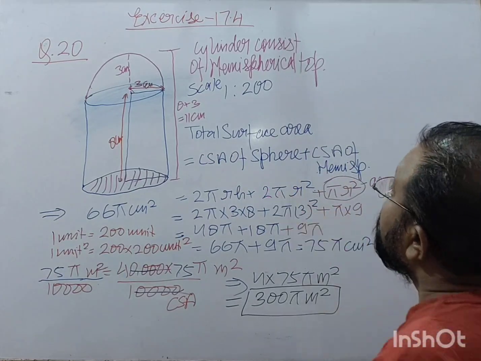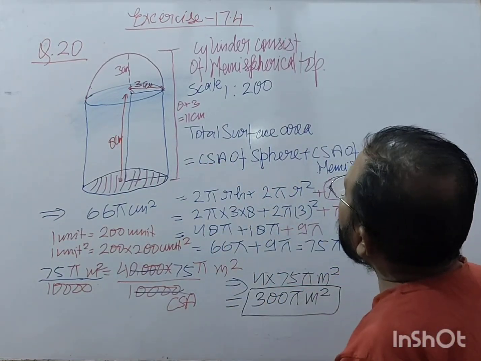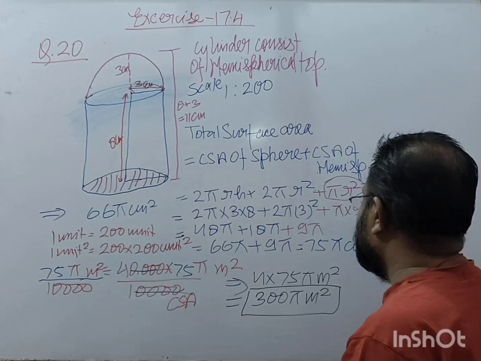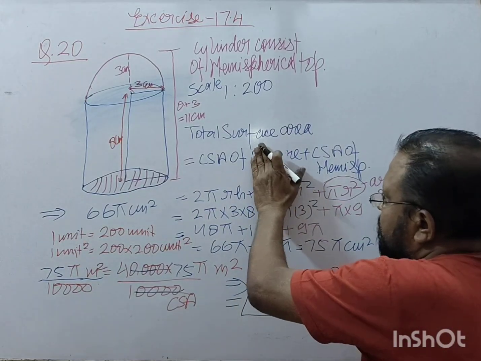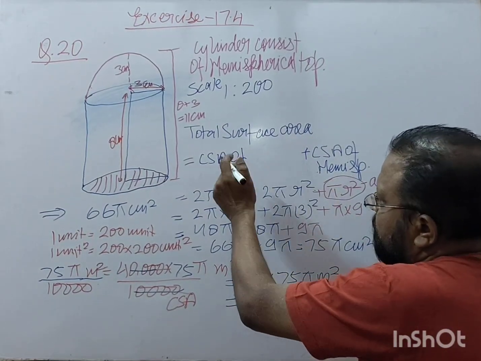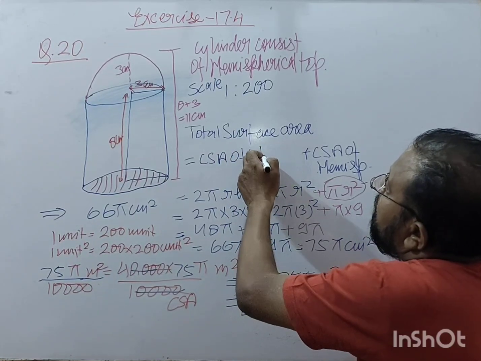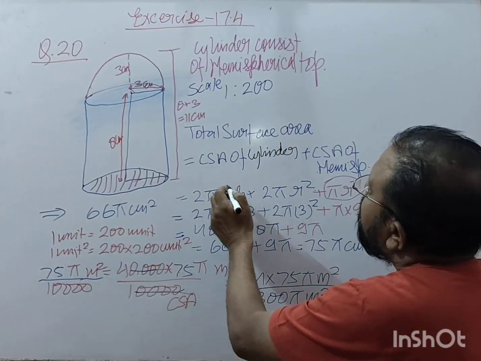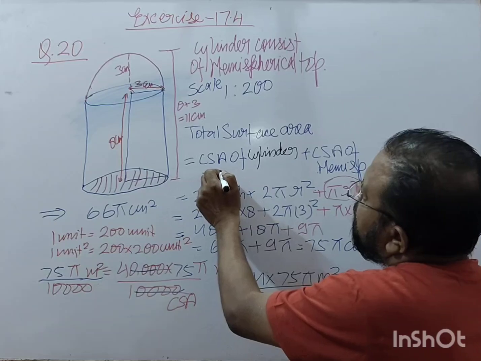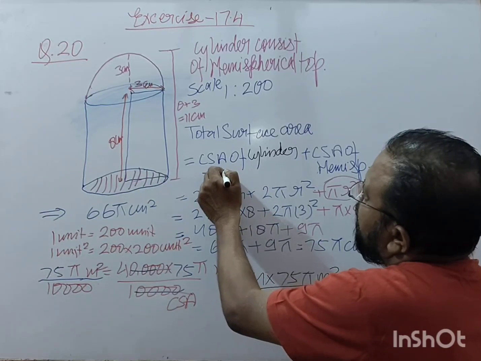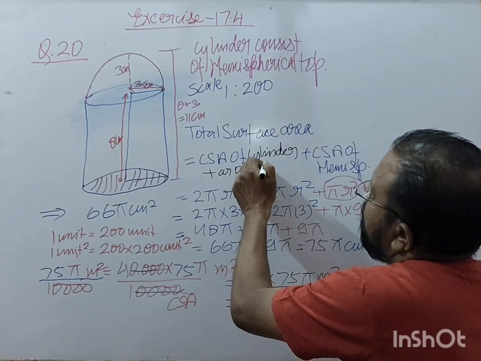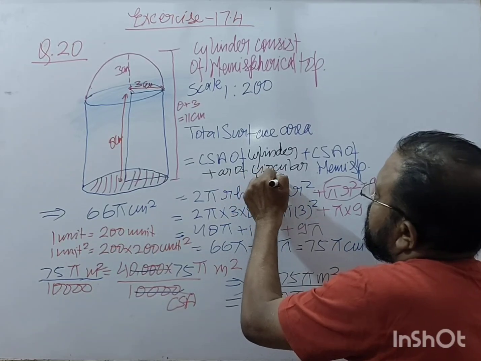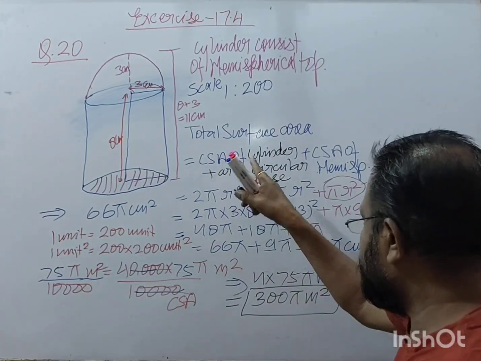This is the total surface area. Here is the CSA of the cylinder plus the area of the circular base.